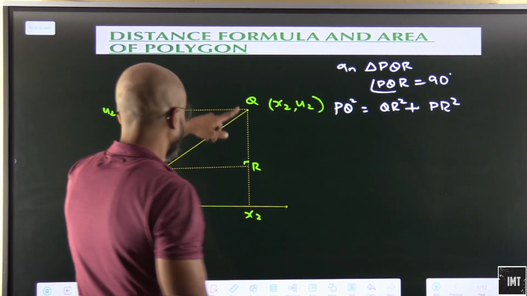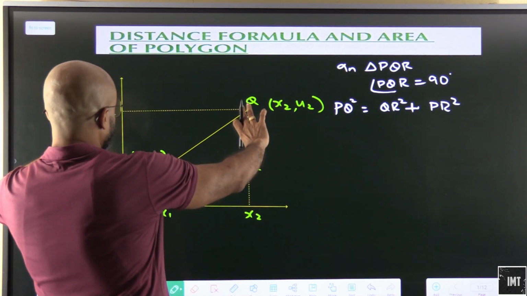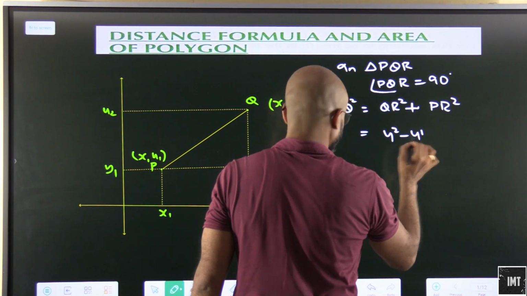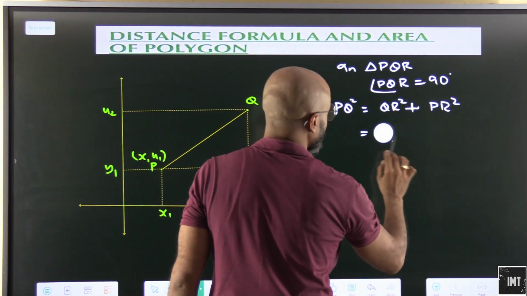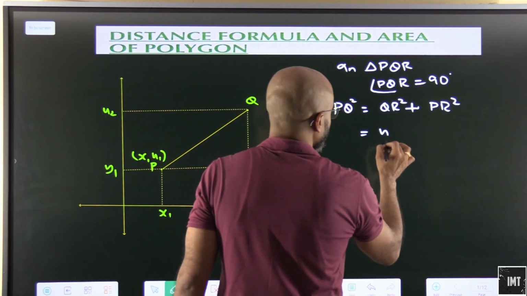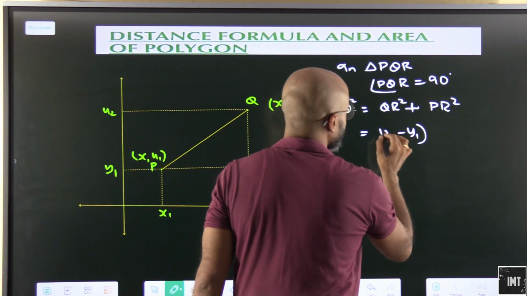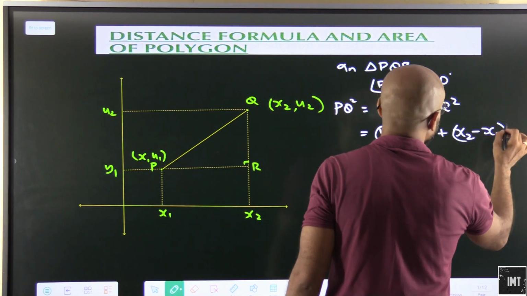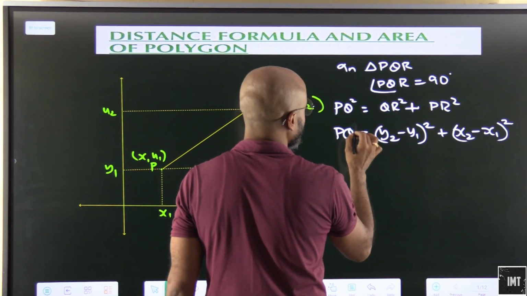Now let's say what will be the distance QR. So we can see the distance QR is y2 minus y1. So this is going to be y2 minus y1 square plus x2 minus x1 square. So PQ square is equal to this.